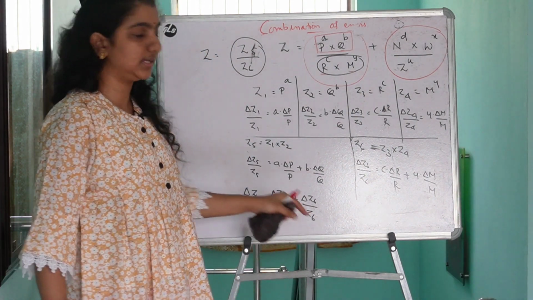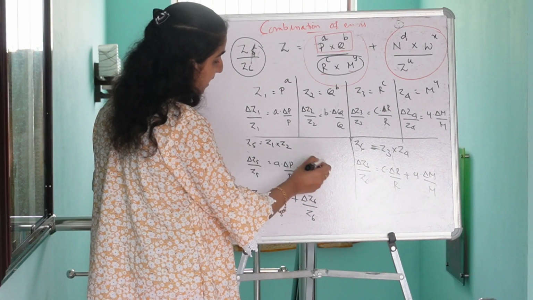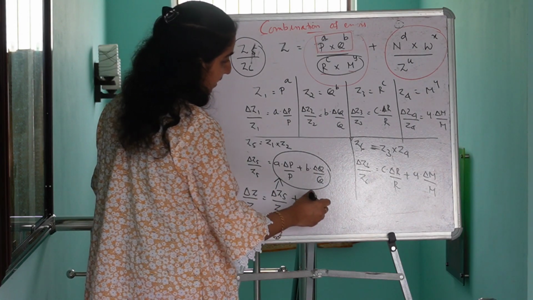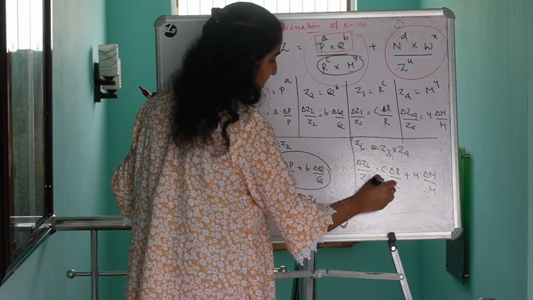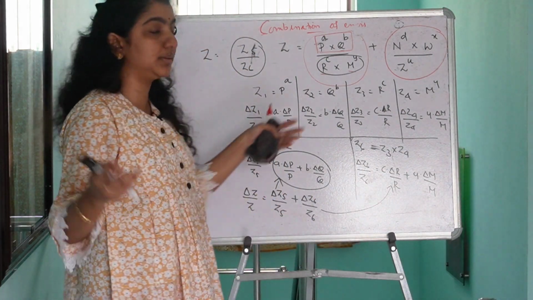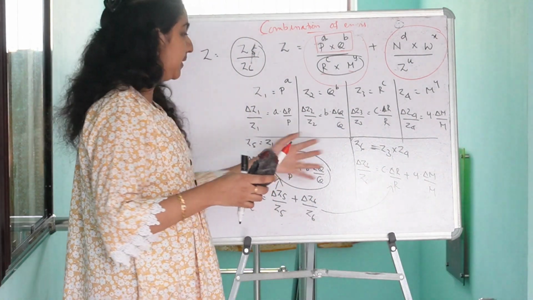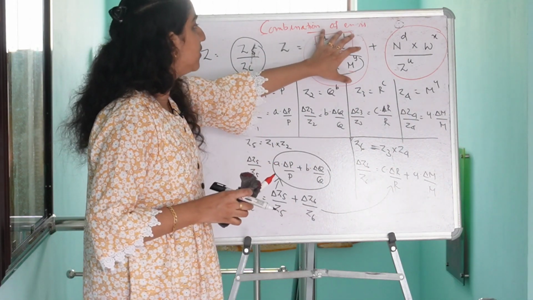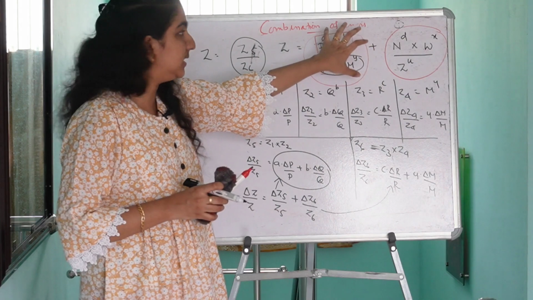Is it clear, guys? Now we have already found what is del Z5 by Z5 and del Z6 by Z6, so we have to simply add up all of these terms. Thus we got the relative error in the first term.